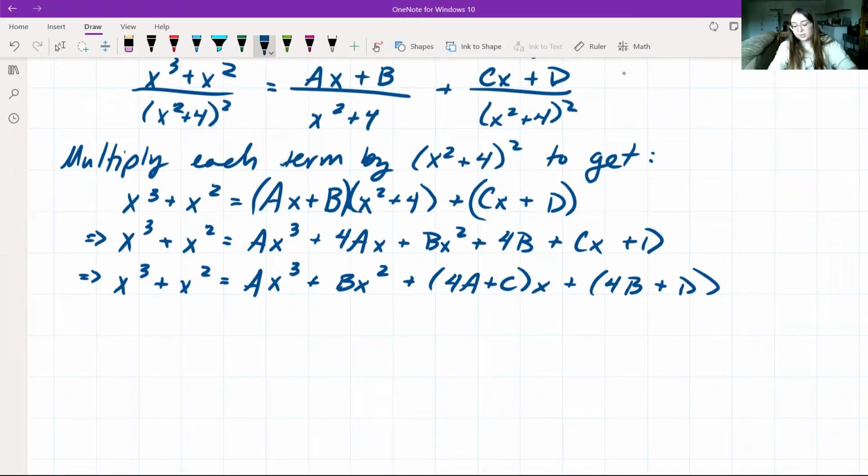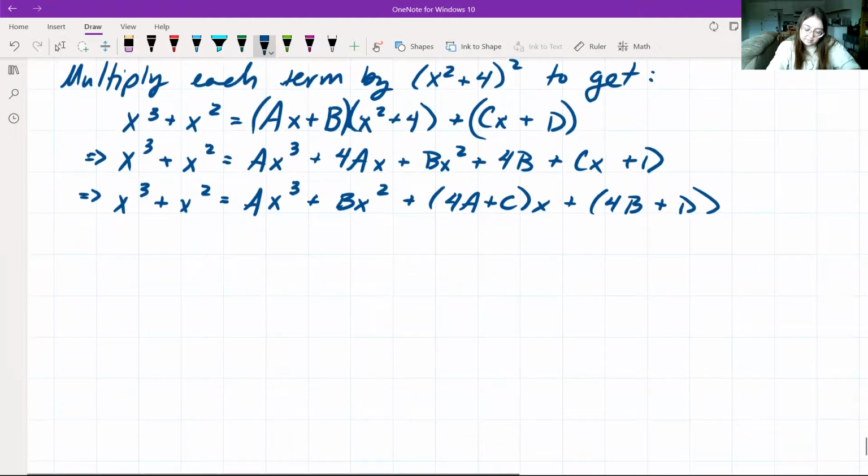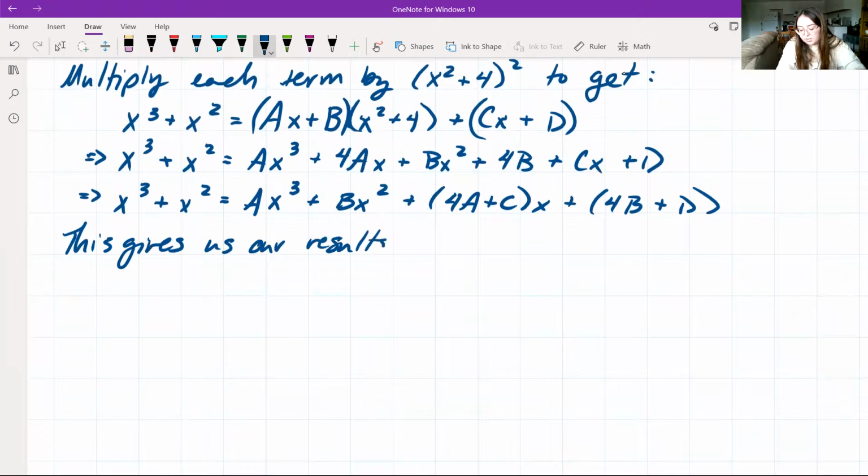This is also going to be another case where it's easiest to use an identity. And it's easiest to use an identity because quite a few of these terms are just going to be set equal to 0. So we can say this gives us our results as a system of equations.